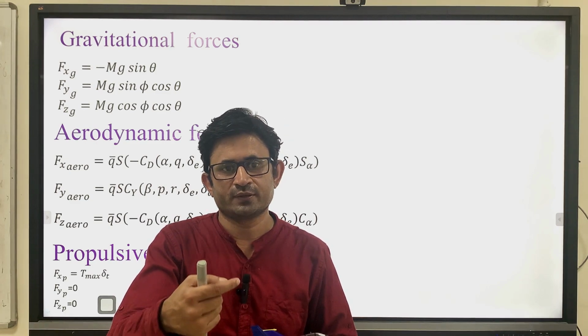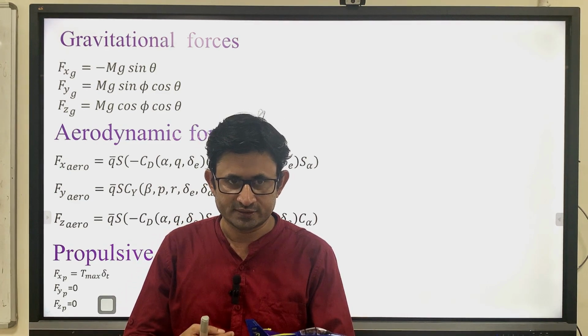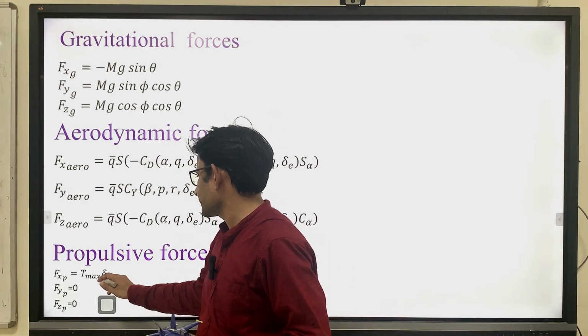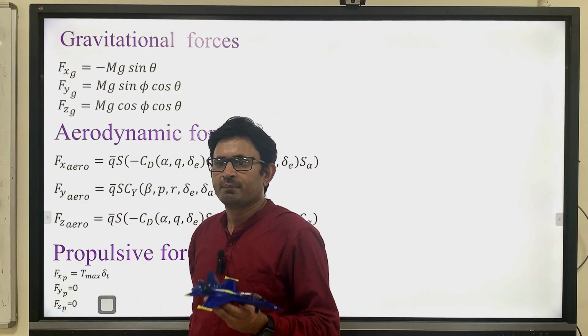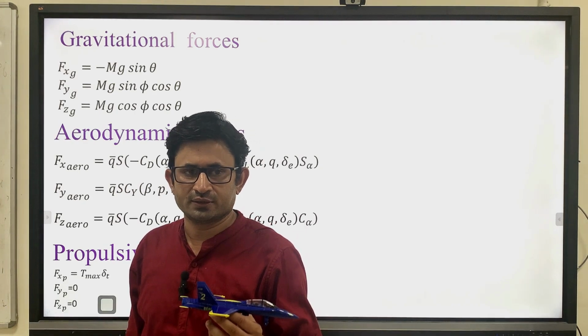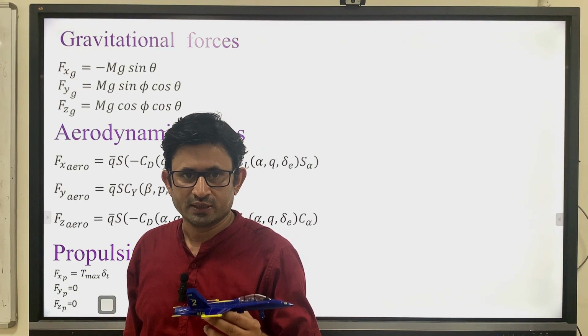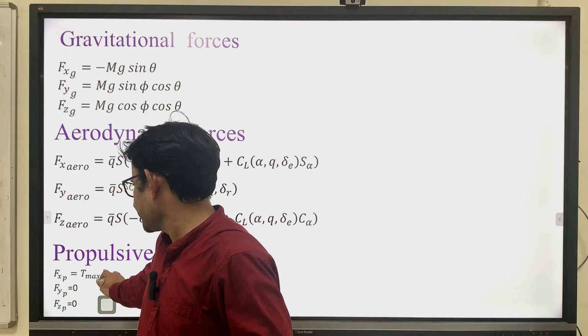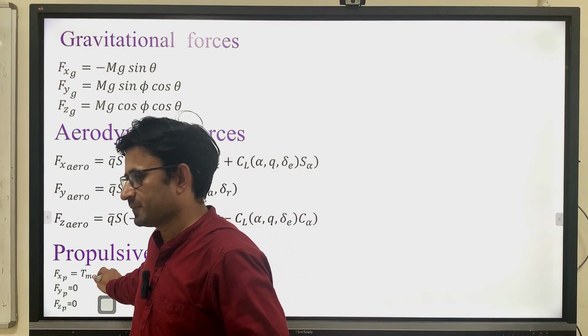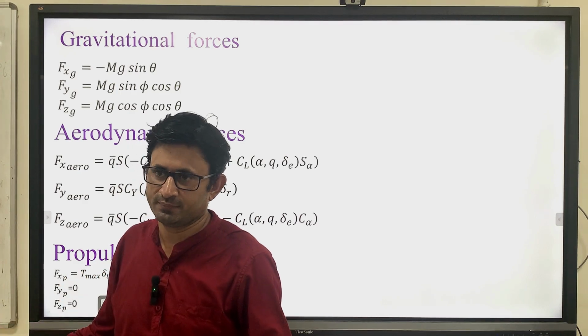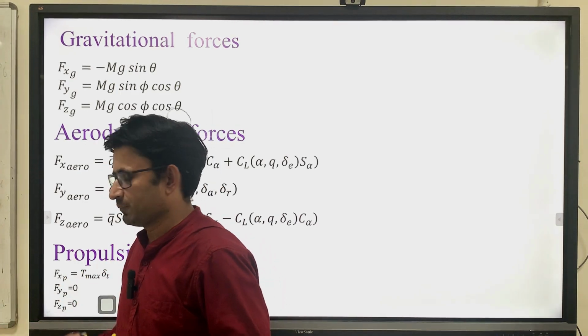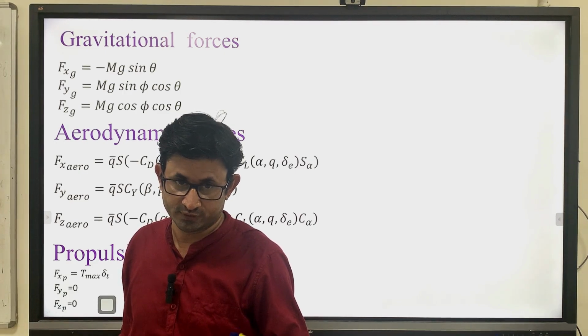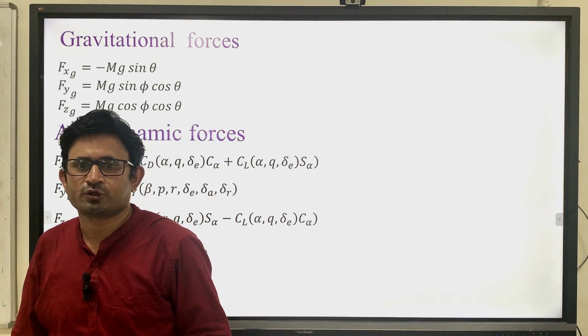There is no component in y and no component in z, and I am simply modeling it as T max into delta T. That means the maximum engine thrust which is produced, I can model with delta T, where I can put 0.6, meaning 60% I am using. If I put delta T as 0.7, that means 70% I am using. So this delta T is nothing but the throttle setting.